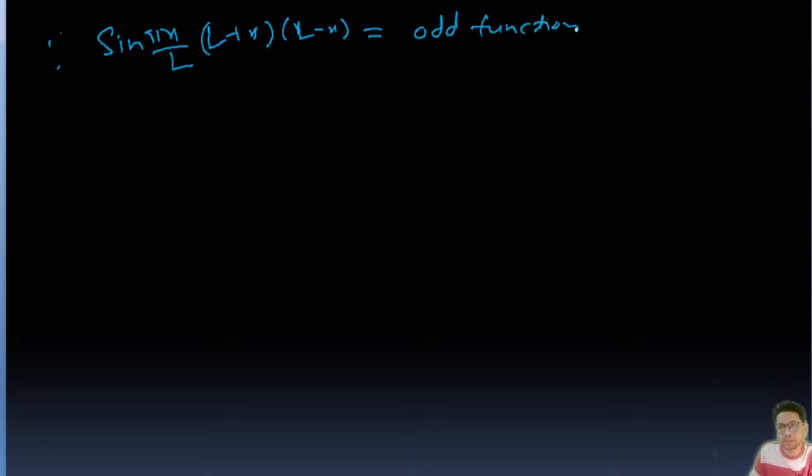We know, since sine πx upon L into (L plus x) and (L minus x) is an odd function, this complete integration, that is P2, is going to be 0, or the probability of finding the particle when its energy is π²ħ² upon 2mL² is 0.